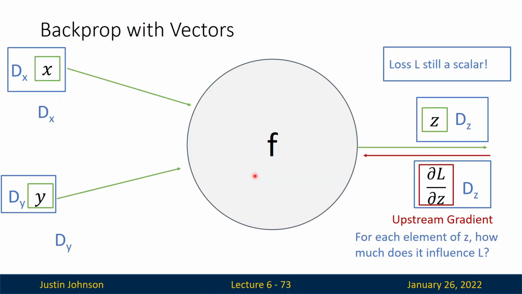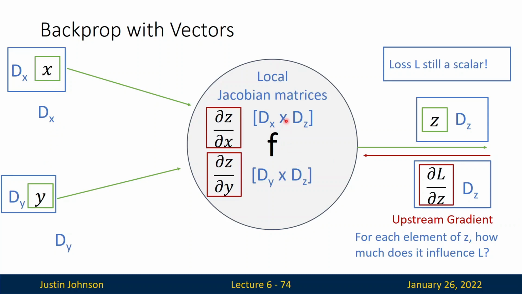So here the loss is a scalar, but the upstream gradient is a vector already. Then we are going to compute dL/dx and dL/dy. There will be two local Jacobian matrices, with sizes dx by dz and dy by dz.